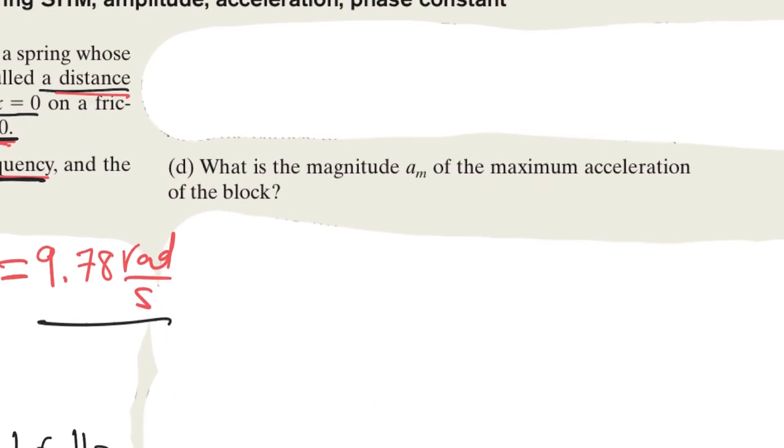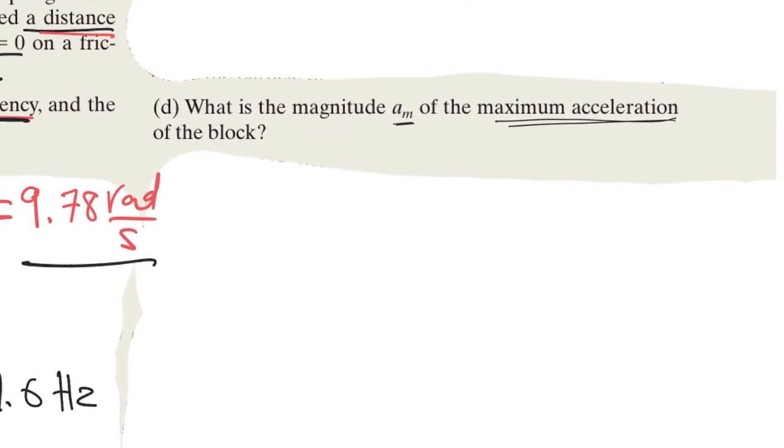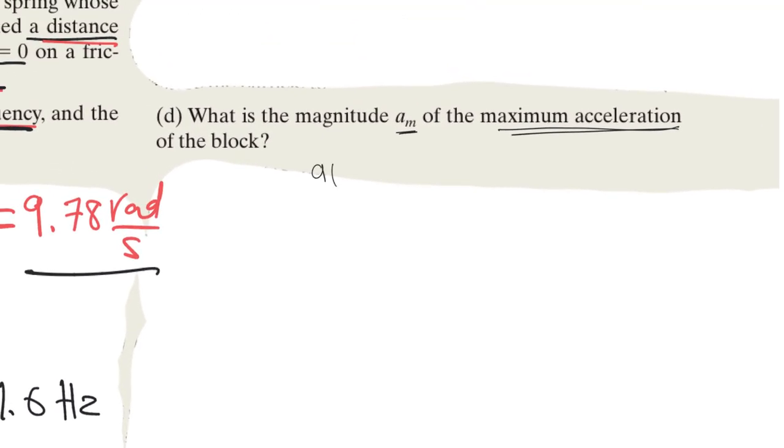What is the magnitude am of the maximum acceleration of the block? So here they want the maximum acceleration. The same thing: maximum acceleration means the acceleration magnitude, the acceleration amplitude. Why? Because the acceleration is equal to minus omega squared xm cosine(omega t plus phi).